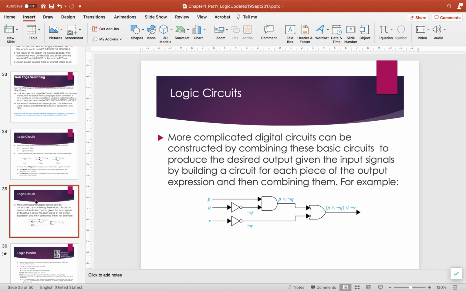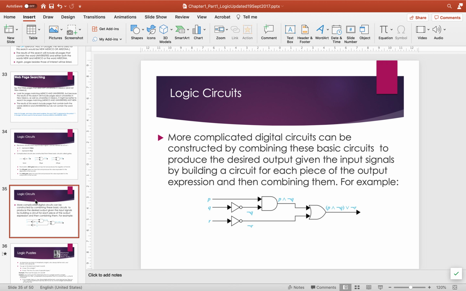Okay, so more complicated digital circuits can be constructed by combining these three to produce the desired output given the input signal, by building a circuit for each piece of the output expression, then combining them. So if you notice here, we have three arrows at the beginning. So we can say that we have three inputs for the whole system.